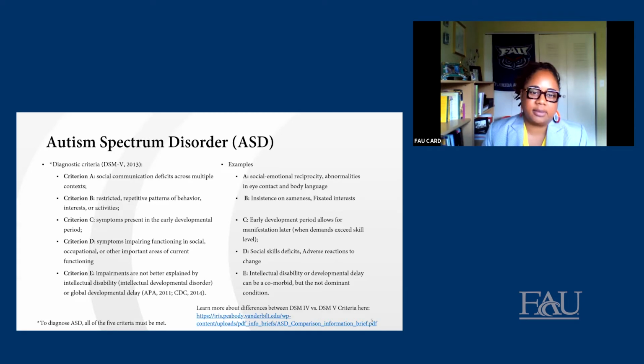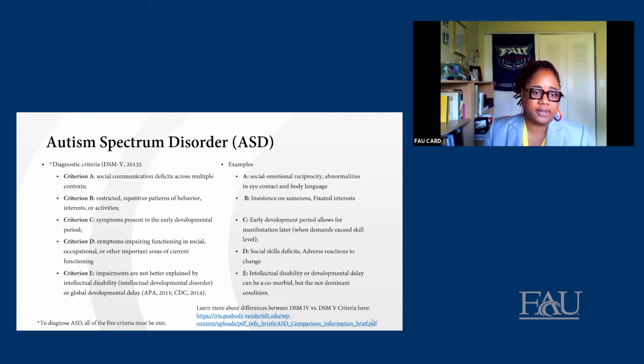Criterion C, these symptoms must be present in the early developmental period. This is a little bit different than previous criteria in that this early developmental period allows for manifestation later in children, such as age 5 or 6, when the demands of the learning or social environment exceed the child's skill level.